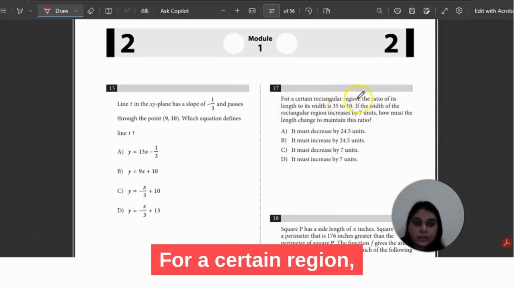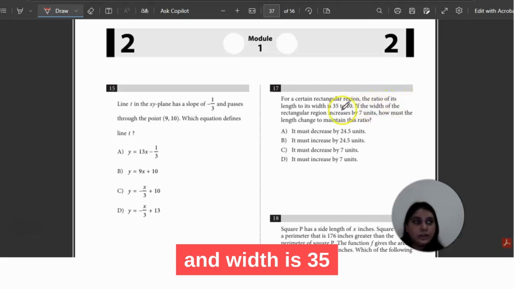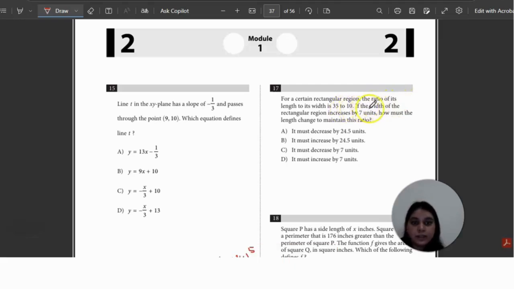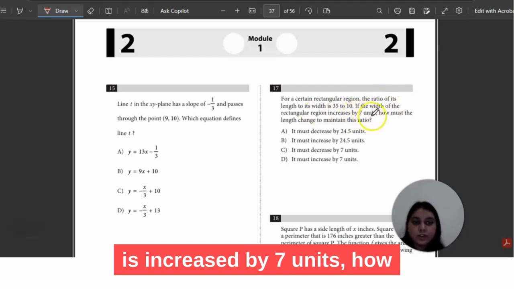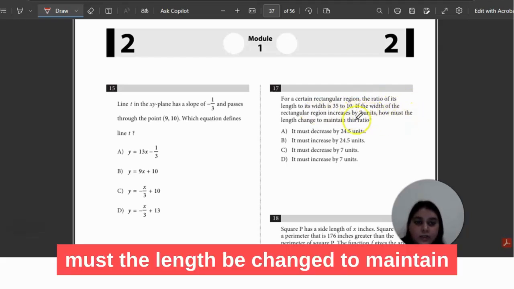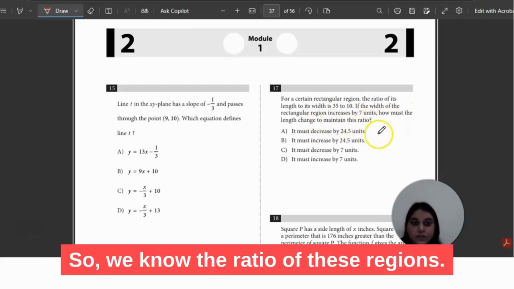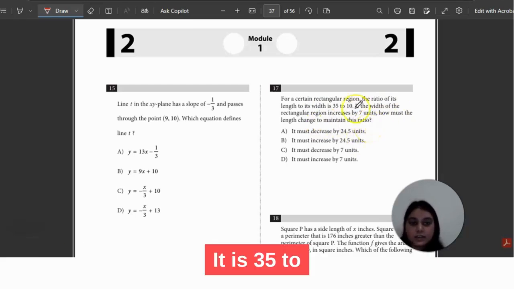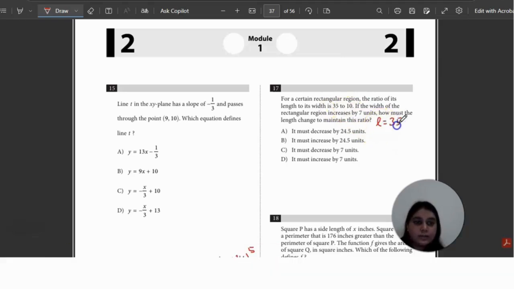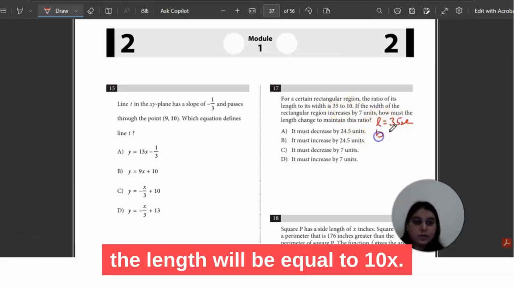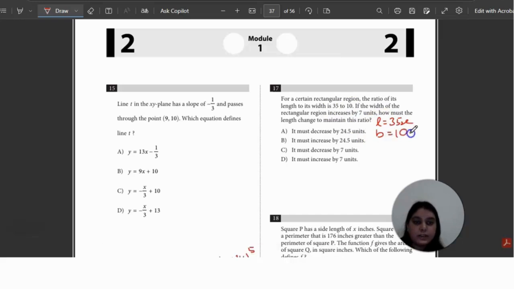For a certain region, the ratio of length and breadth is 35 to 10. If the breadth of the rectangular region is increased by 7 units, how must the length be changed to maintain this ratio? So we know the ratio of these regions. It is 35 is to 10. So we can take length as 35x and the breadth will be equal to 10x.